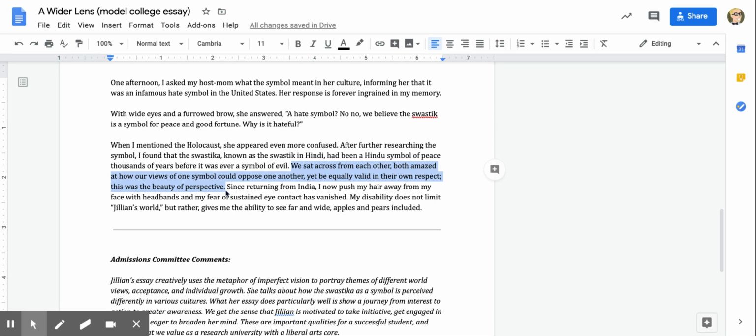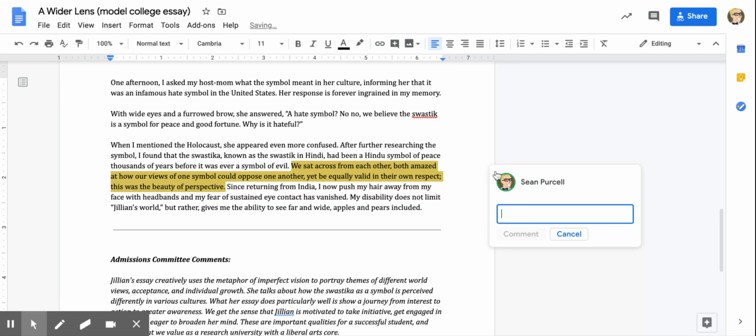I mean, I'm not an admissions officer myself, but I've assigned this essay for many years, and I've gotten a lot of those kinds of essays. And this is a sense right here in this sentence. This is kind of what Jillian is saying here, that her trip to India has kind of widened her perspective.